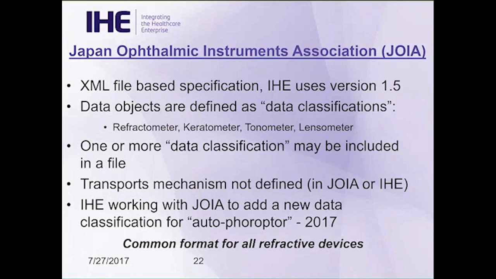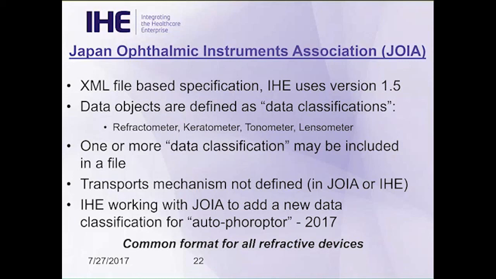And also we are working to update Joya. One of the classifications that were not covered is a data stream from an autophoropter. So we've been working together with Joya to update their standard to incorporate that type of device. The good news is we've already started that process. We've worked hard with them, and we expect this year that to be incorporated in the Joya standard.